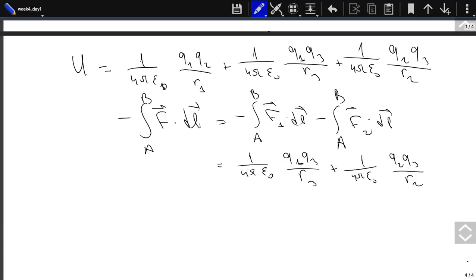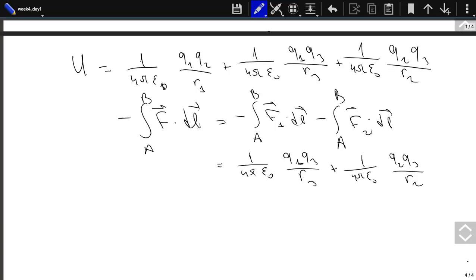Well, we know the superposition principle for Coulomb's law, which states that if you have many charges exerting force on a single charge, then the force that that single charge feels is nothing but the sum of the forces that each individual charge is exerting on it. So this force F is nothing but the force exerted by the charge Q1 and the force exerted by the charge Q2. This integral as a whole is nothing but the work that we have to do if only the charge Q1 was there, without charge Q3.